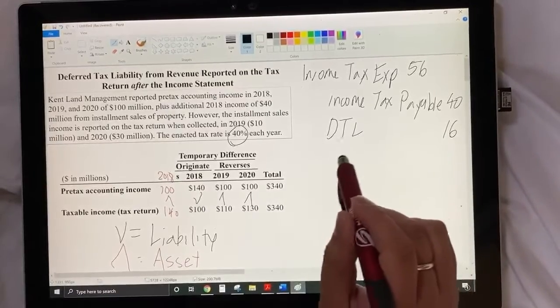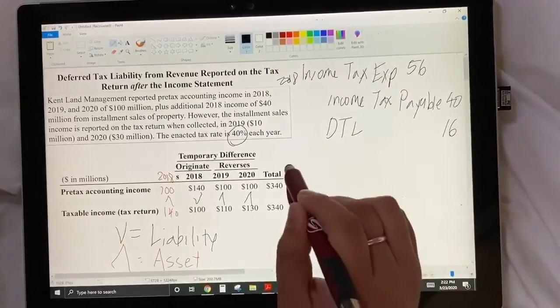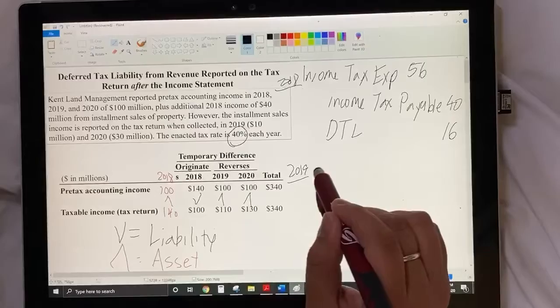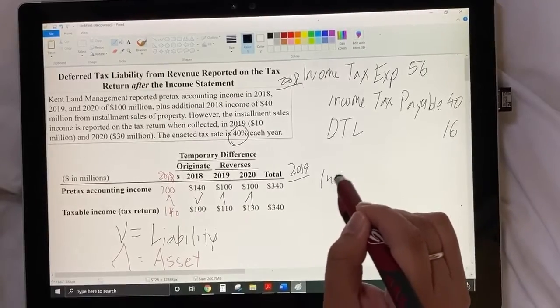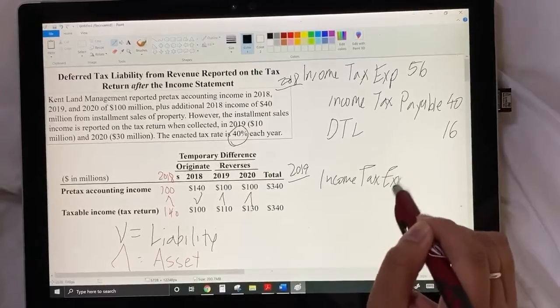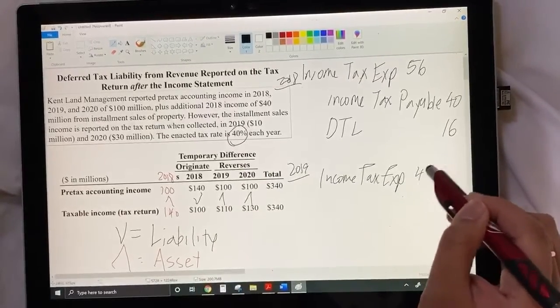So this is 2018. For 2019, you have income tax expense of 100 times 40%, which is 40.